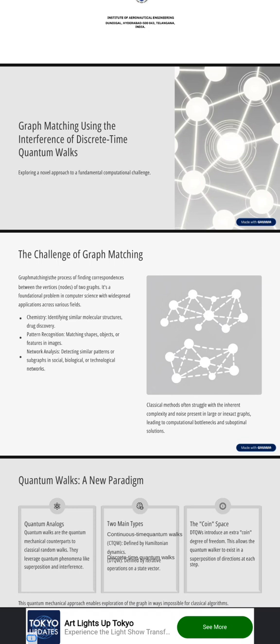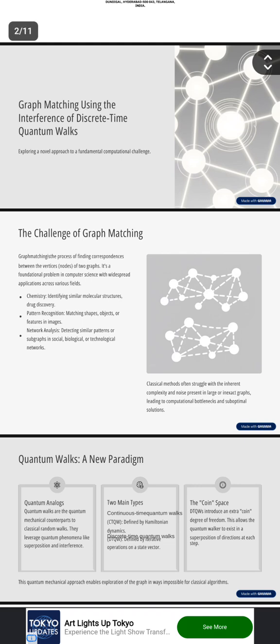In chemistry, identifying smaller molecular structures, drug discovery. Next, it is also used in pattern recognition, matching shapes, objects, or features in images.